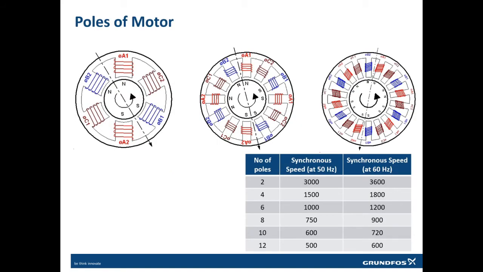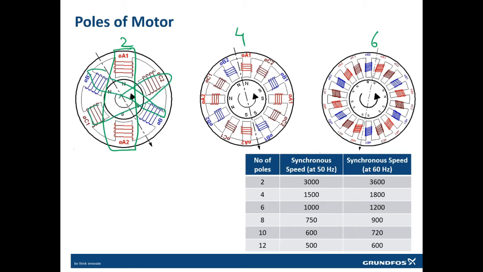Now, number of poles. Number of poles is defined as how many north and south pairs are available, how many magnets are available per phase. So this is a 2-pole motor, this is a 4-pole motor, this is a 6-pole motor. If you see here, per phase, this is only one magnet, this is 2, and this is 3.